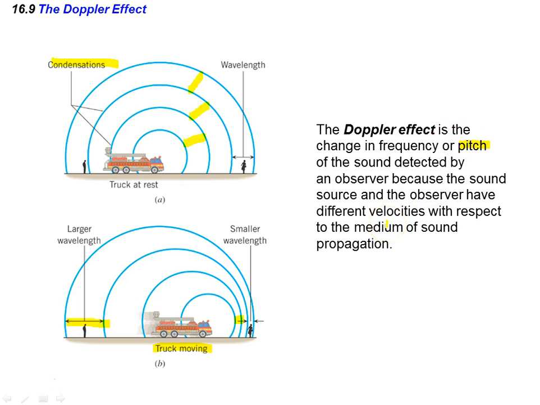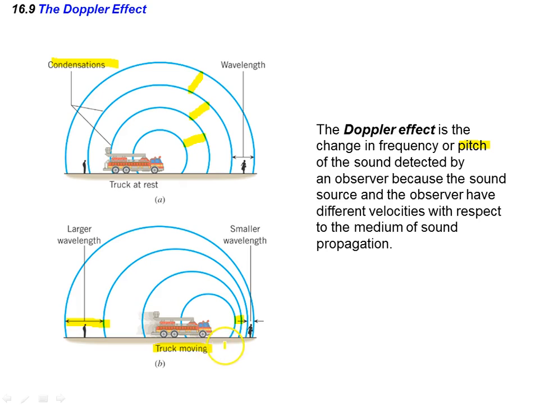So the Doppler effect is the change in frequency or pitch of a sound detected by an observer because the sound source or the observer, or both, are moving with different velocities with respect to the medium of sound propagation. Either one or both are moving, the detector or the source, and so we notice this higher frequency or lower frequency.